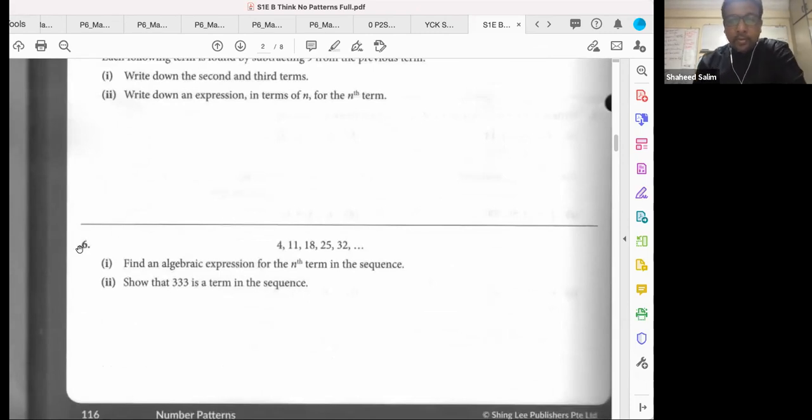Number six, please. You remember how I did it? You listen down slowly, don't rush. I just want you to do question 6 here. Because normally Sec 1 students, they don't know how to come up with a formula. Okay, you try this one. They want the nth term.